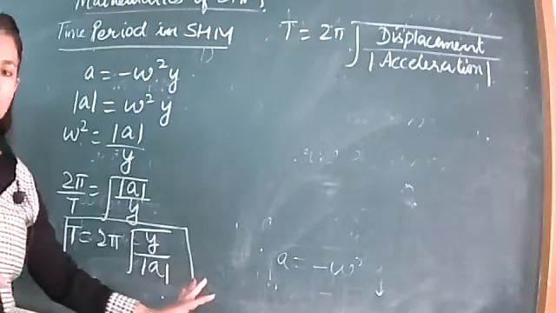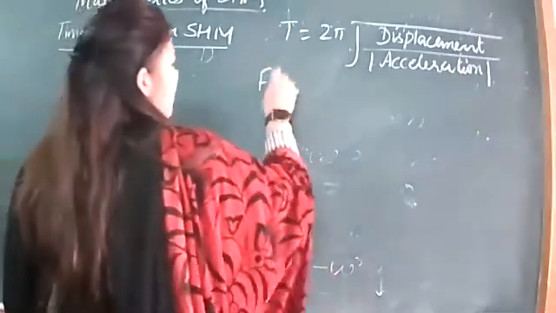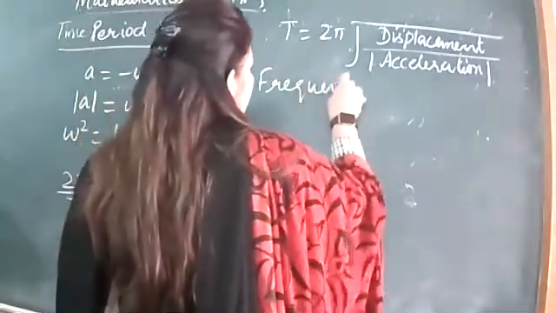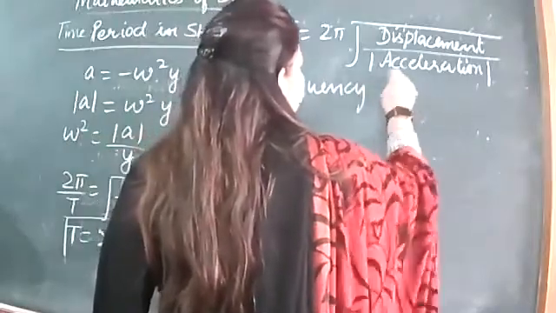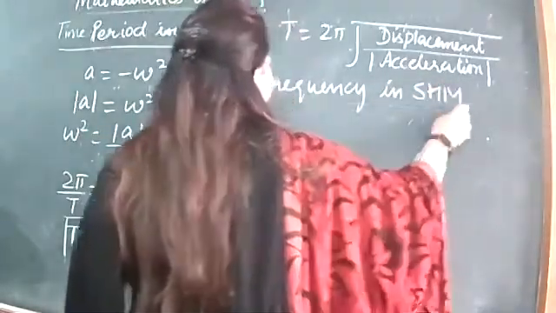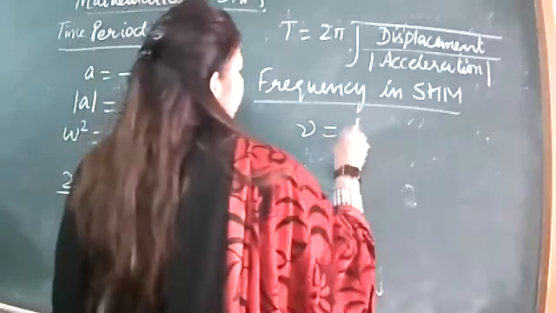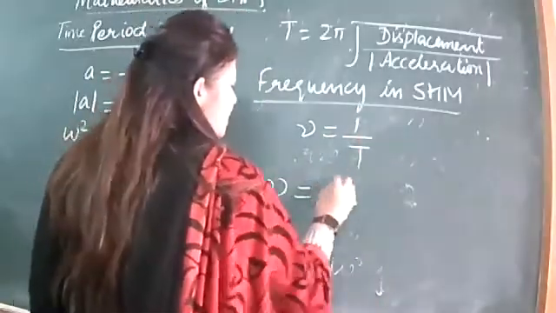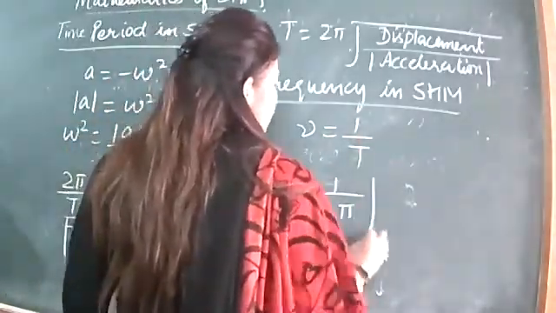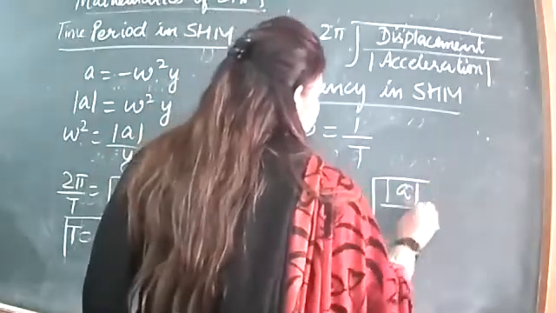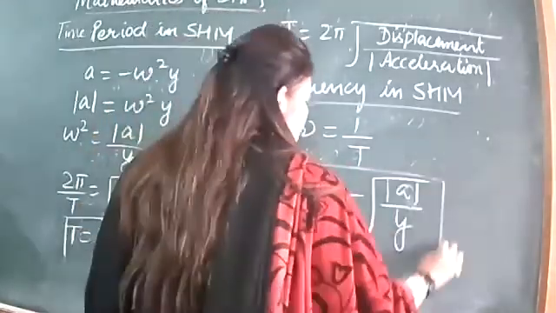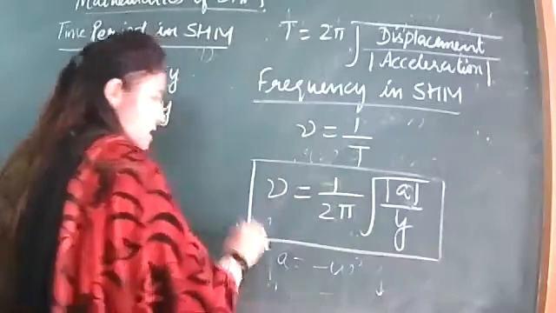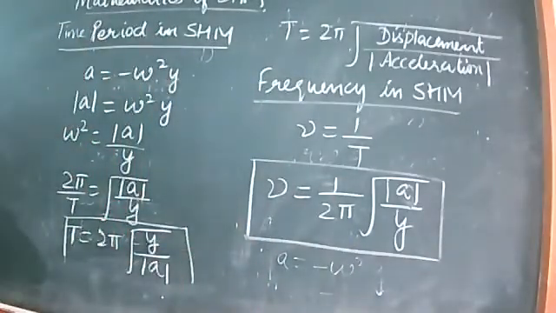This thing is clear. Now frequency in SHM, we'll just take the reciprocal of time period, that will give us frequency. So frequency is 1 by 2 pi root a by y. This is frequency in SHM.